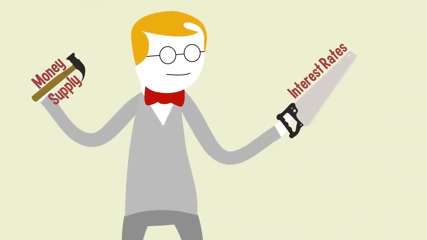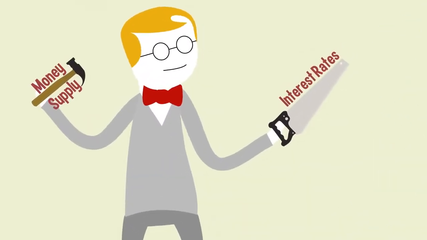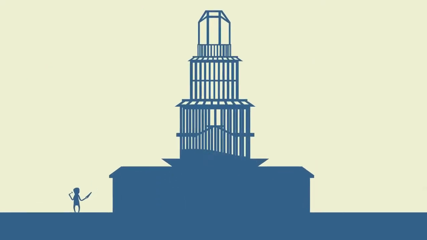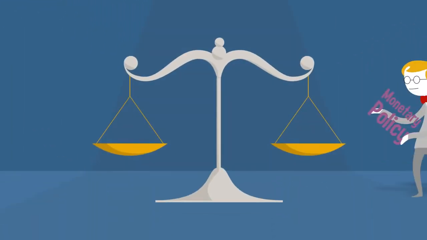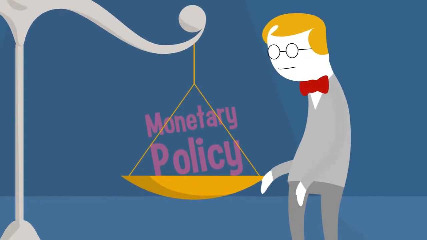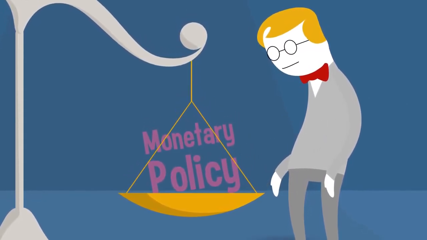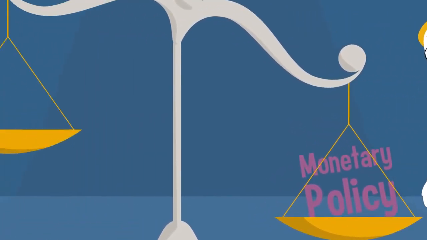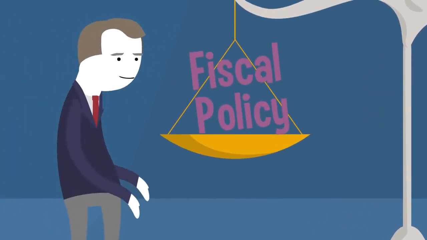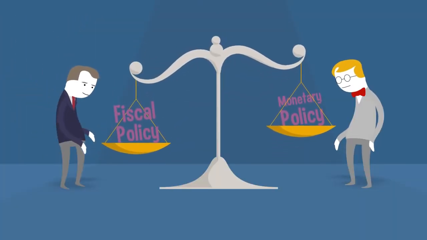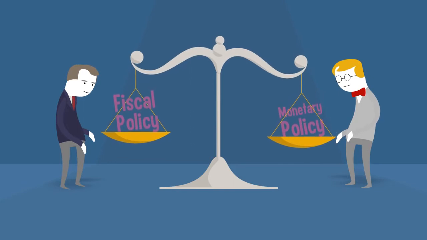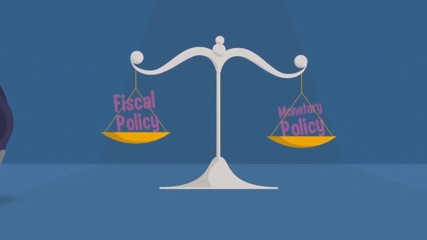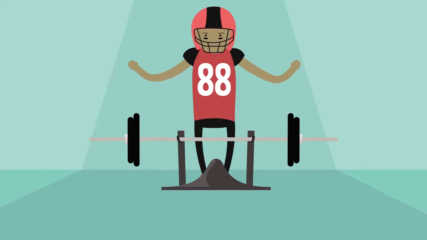But the Fed alone doesn't have all the tools to keep the economy growing at a steady pace. The job is not one for a single organization. And there's a difference between monetary policy, the Fed's province, which influences the economy by changing the supply and demand of money, and fiscal policy, the province of Congress, which uses tax and spending changes to affect the economy. So what does this mean to you?